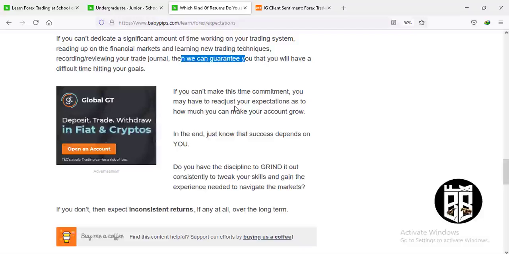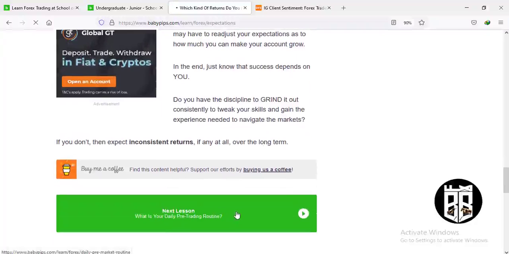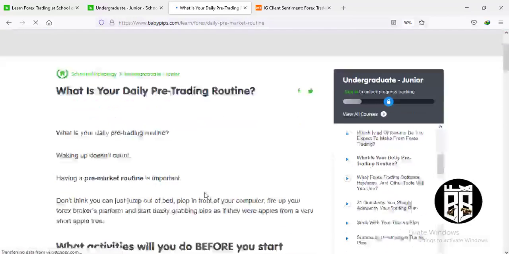You also need to have good discipline and consistency to tweak your trading plans, trading systems, and skills, and gain more experience and knowledge needed to navigate the market. If you don't do these things, then expect inconsistent results.